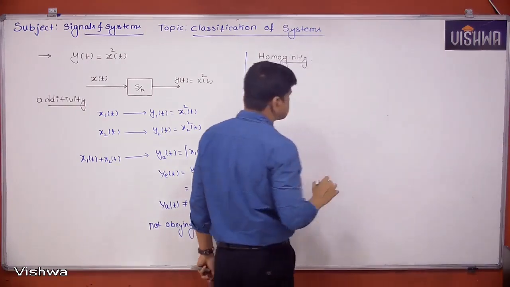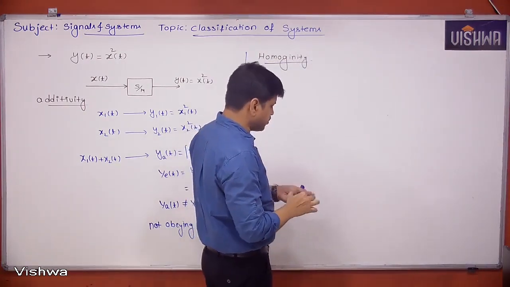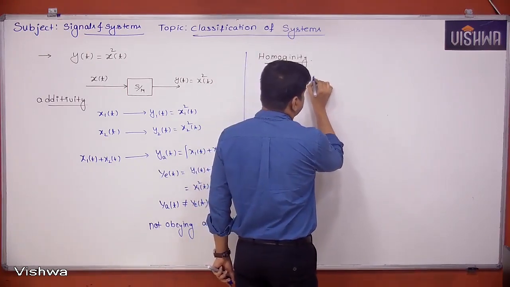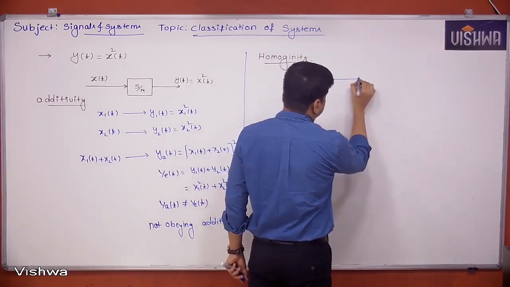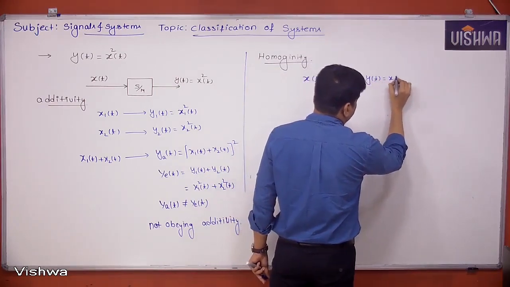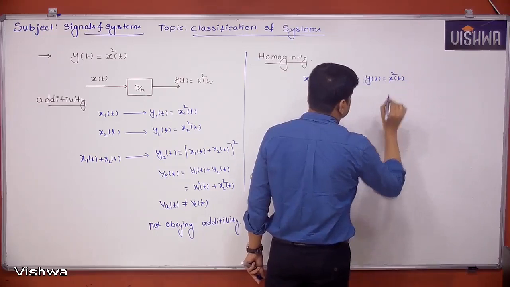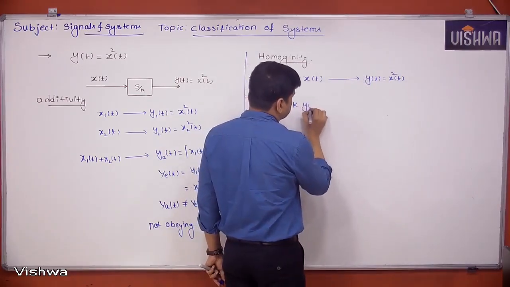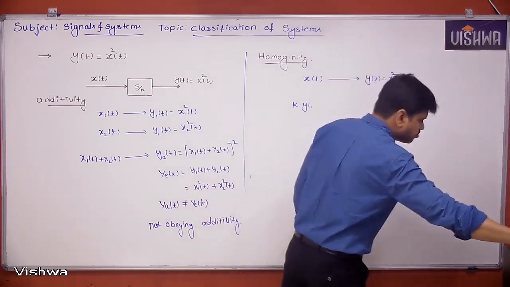Homogeneity. Let's say if x of t is the input, then y of t is equal to x of t square.